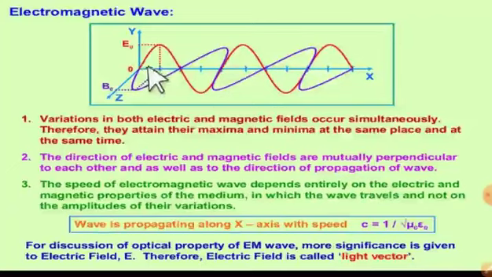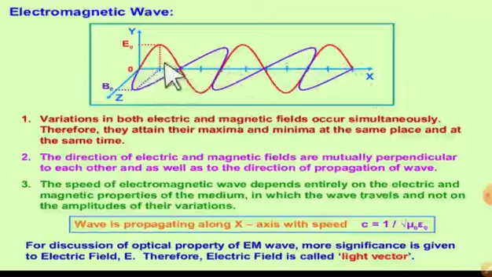For example, if your electric field vector is denoted by these red waves, and it is lying on the XY plane, and that of the magnetic field is varying sinusoidally, shown here with a blue wave, lying on the XZ plane, then perpendicular to both this electric field and magnetic field the electromagnetic wave will be propagating along the x-axis.